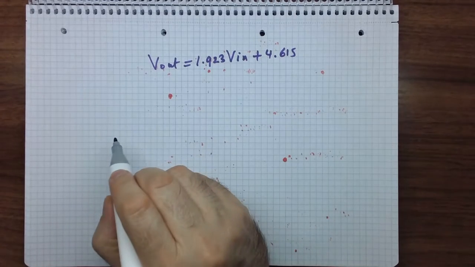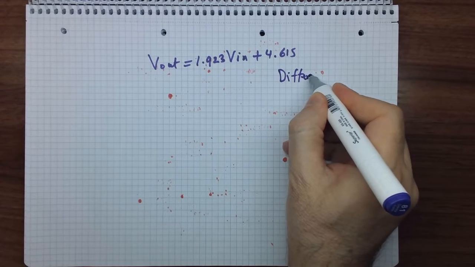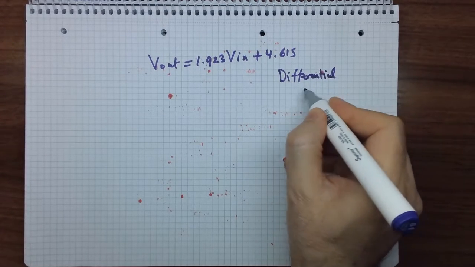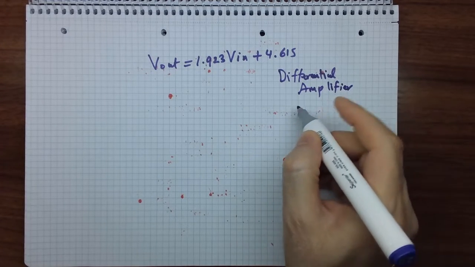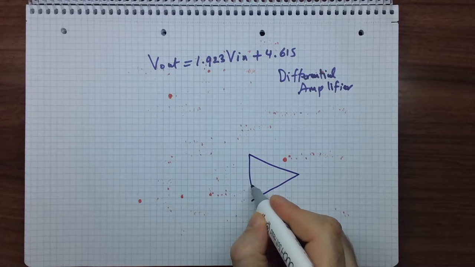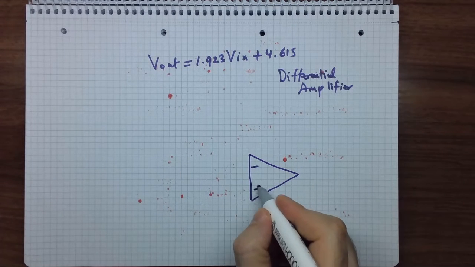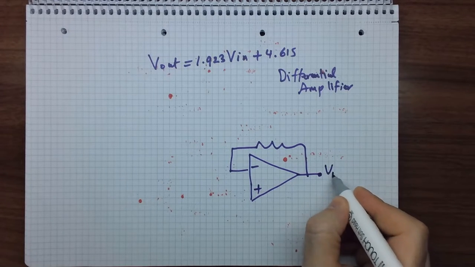So in this case, because we are using a differential amplifier, you know, differential amplifier is like this. This is the differential amplifier. This is minus, this is plus. This is V out.